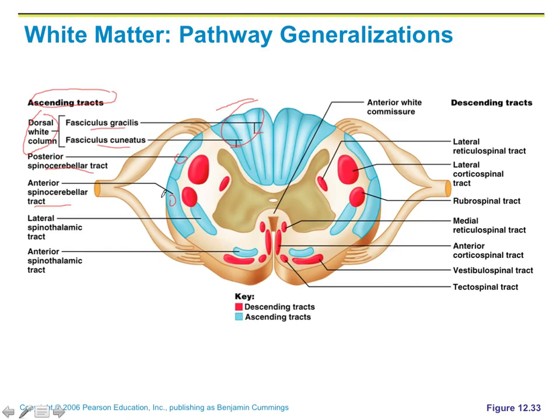The function of these two tracts is to detect unconscious proprioception. So these two detect unconscious proprioception.